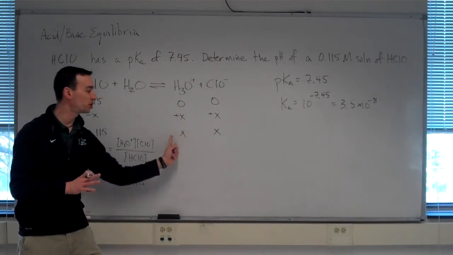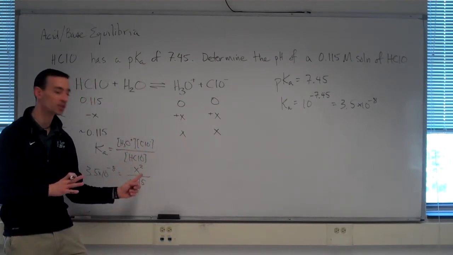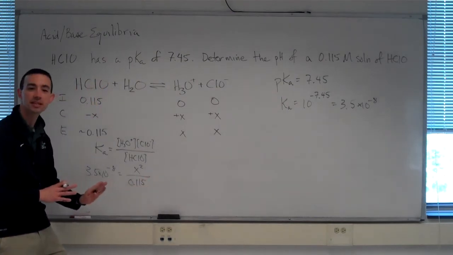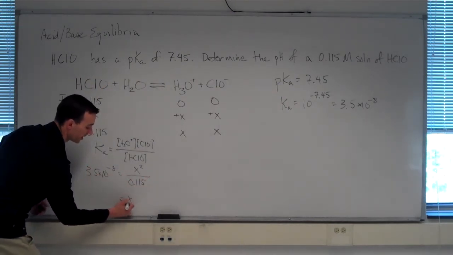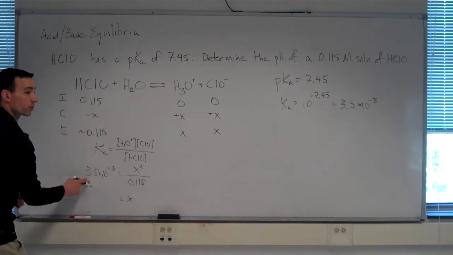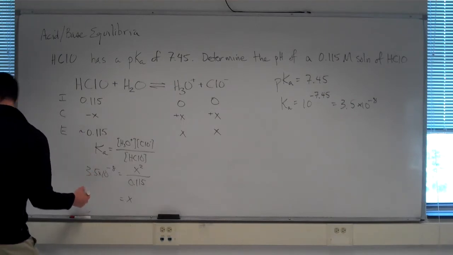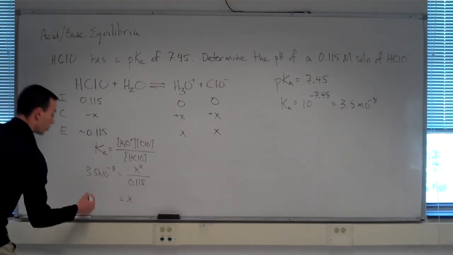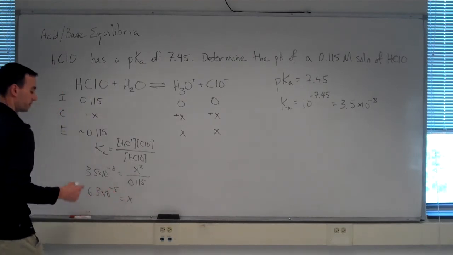So we don't have any more 2x and then that beats 2x squared, any of that business. It's always going to be x times x. It's going to be over and over again. These problems should be very, very easy to set up and solve. So we multiply by the 0.115, we take the square root, and x is 6.3 times 10 to the negative 5.